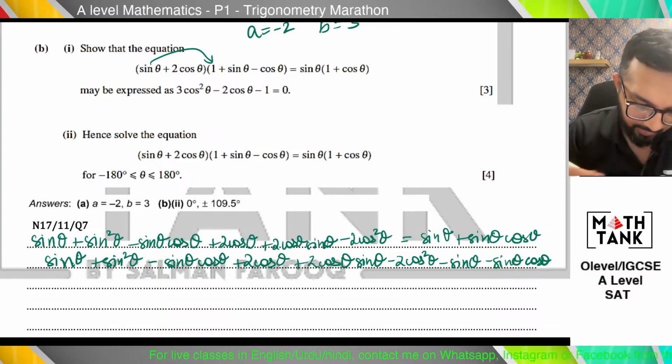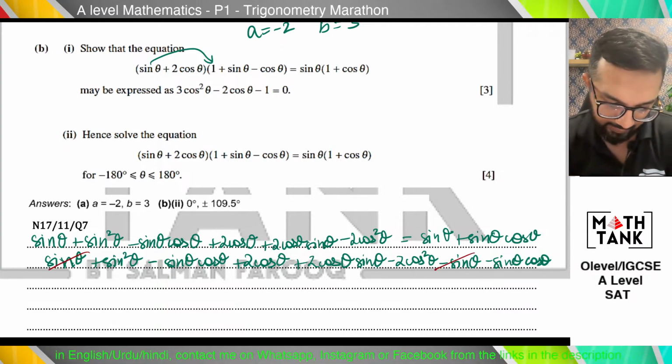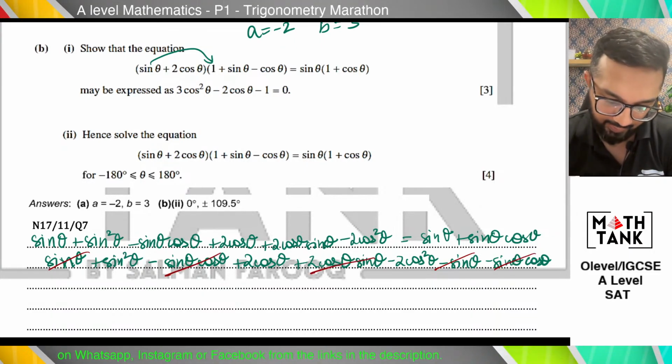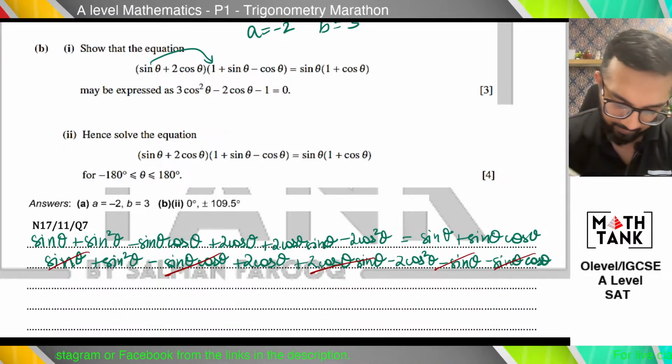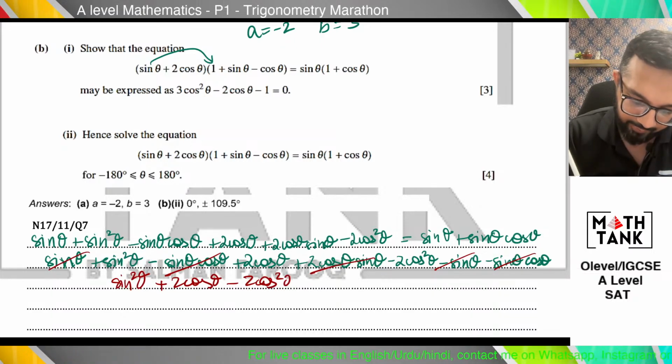Let's see what terms are adding, subtracting, or cancelling out. I saw this, and together these cancel out. So I'm left with sine square theta plus 2 cos theta minus 2 cos square theta.